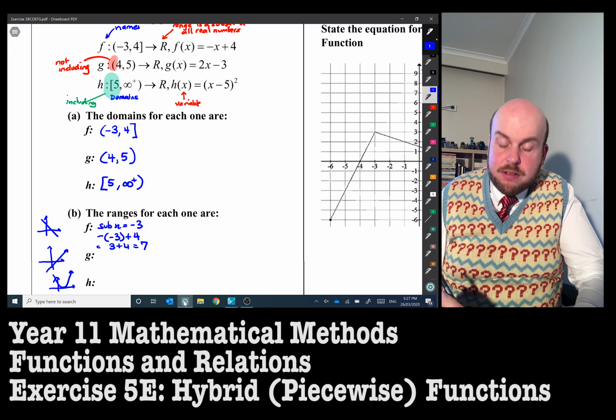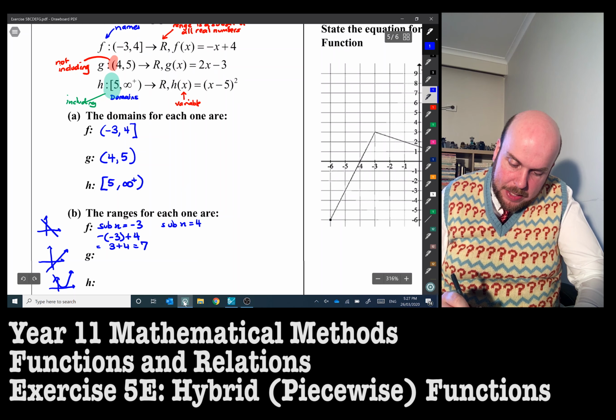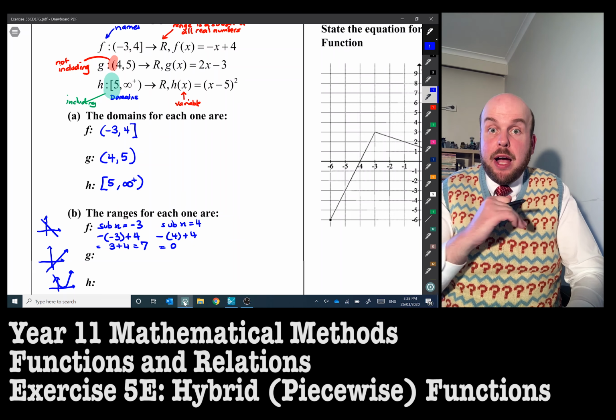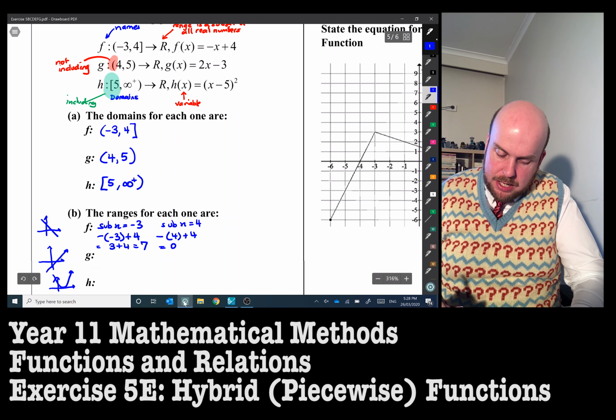And at the other end, which is 4, I'm going to sub x equals 4. That's going to be -4 plus 4, and it's going to be 0. So that means the lowest y value is going to be 0. Highest value is going to be 7.